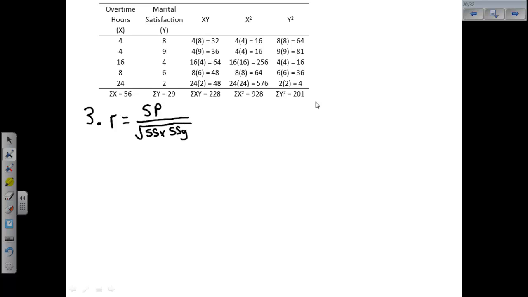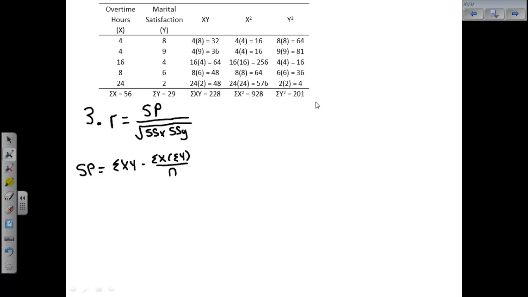All right. Well, I'm looking at this and I know I need 3 formulas. I need the formula for sum of products, sum of squares x, and sum of squares y. So, sum of products is equal to sum of x times y minus sum of x times the sum of y divided by sample size.